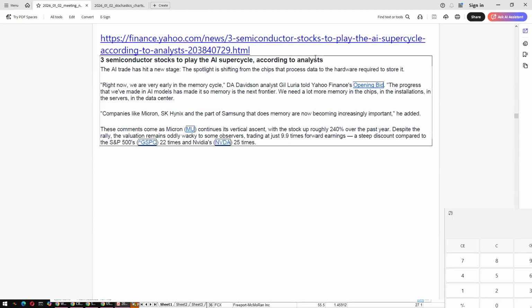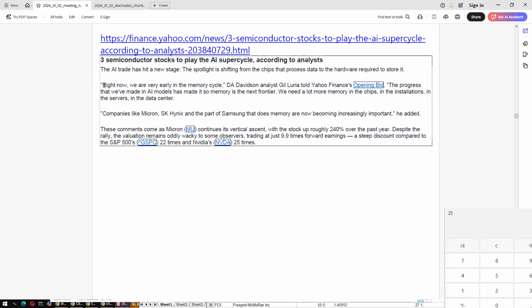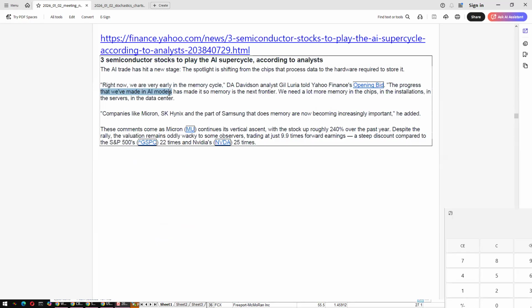Okay, here's another story. Three semiconductor stocks to play the AI supercycle, according to analysts. DA Davidson said, right now we're in a very early memory cycle, and the progress we've made in AI models has made it so memory is the next frontier.